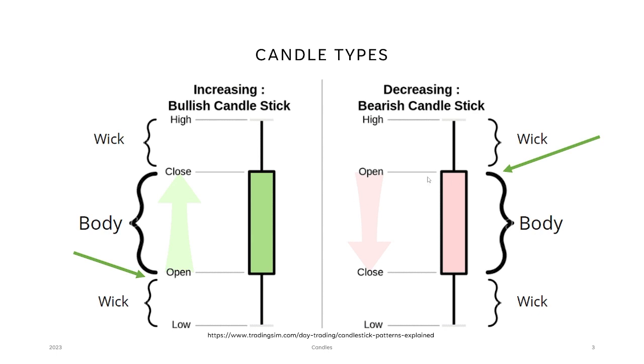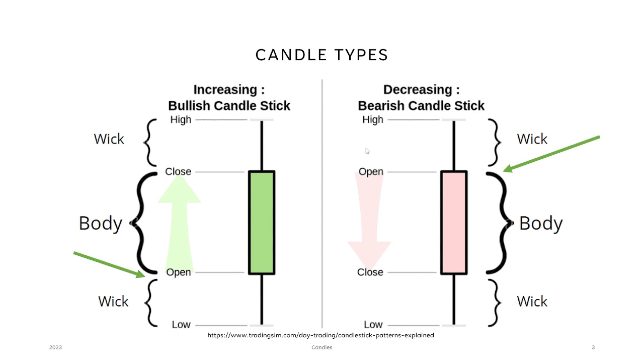So as you see, tweezer tops was a bullish candle followed by a bearish candle, where price here opened and it had its high and its close low, and then the price moved all the way down here, and then followed by the opening of a bullish candle, and it went all the way high, and then it closed right here, but the two wicks on the top have the same high.